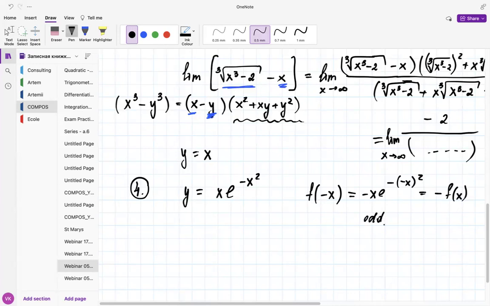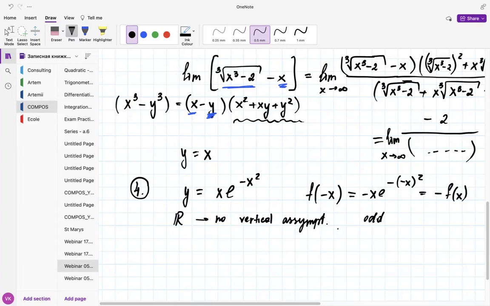And we will only use it for the benefit of this symmetry. It is a continuous function on real numbers. And that means, again, that we have no vertical asymptotes. But what about slant asymptotes?